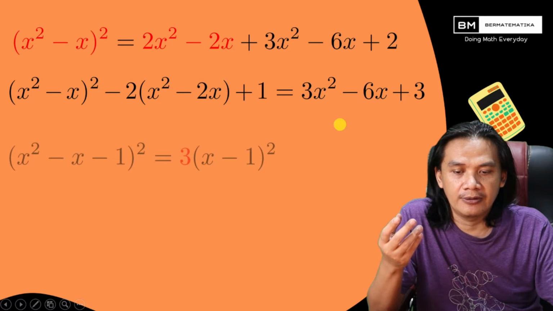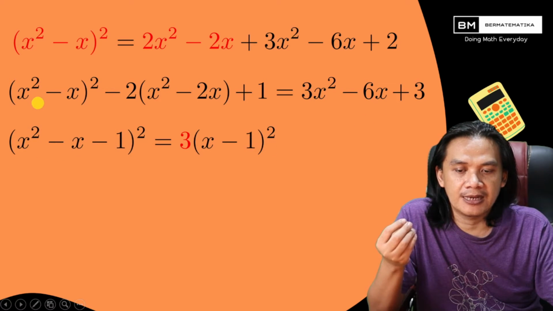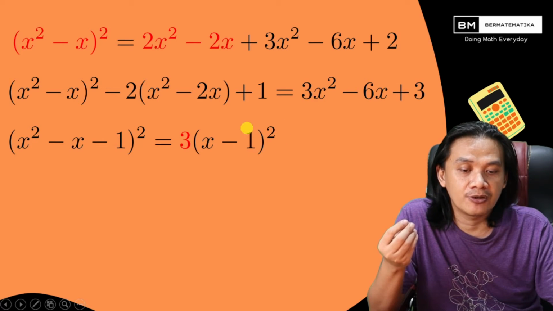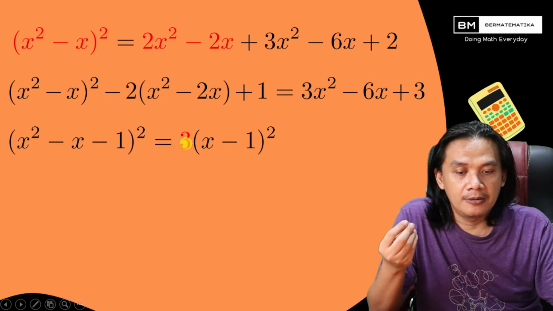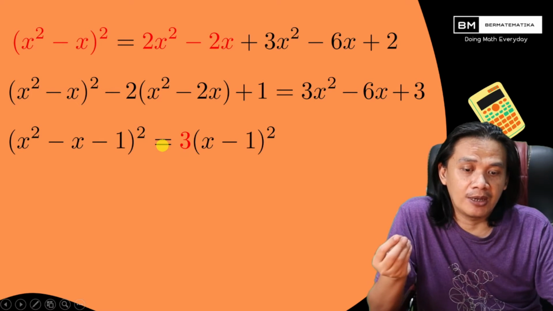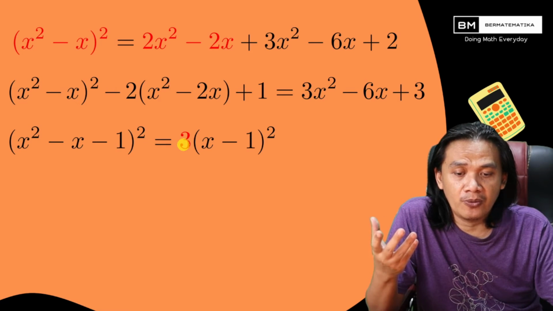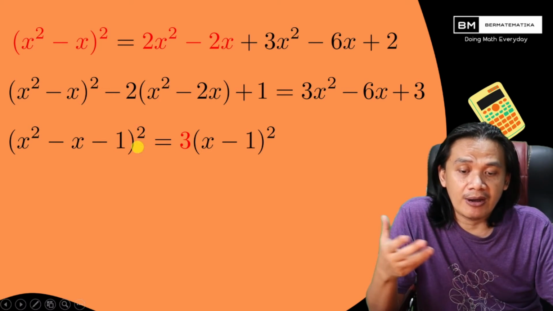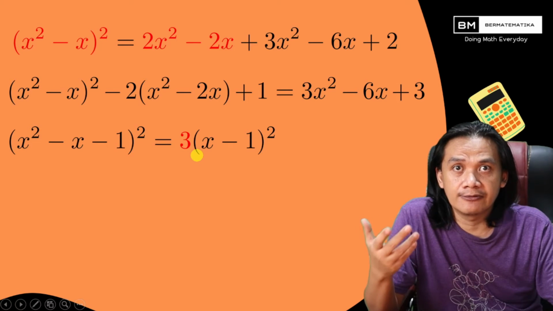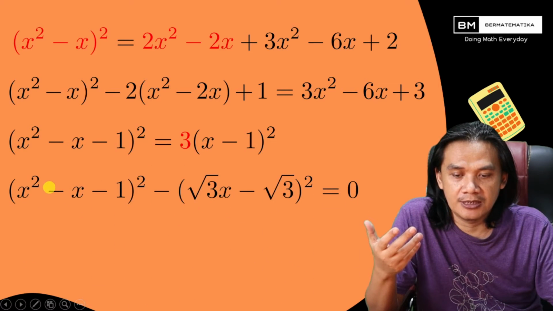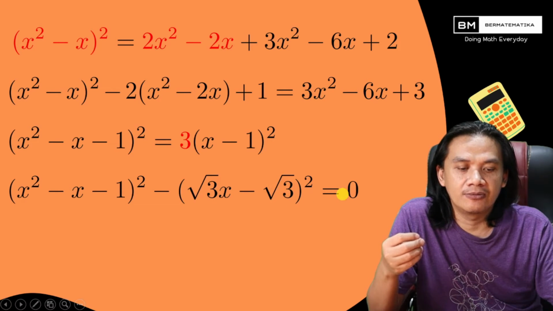So then we have the following. The left hand side is x squared minus x minus 1 squared, and the right hand side is 3 times a square. So it seems this is not a square, but we can rewrite 3 as square root of 3 squared. So therefore we can rewrite this expression as a difference of two squares, which is a square of this minus a square of that equal to 0.